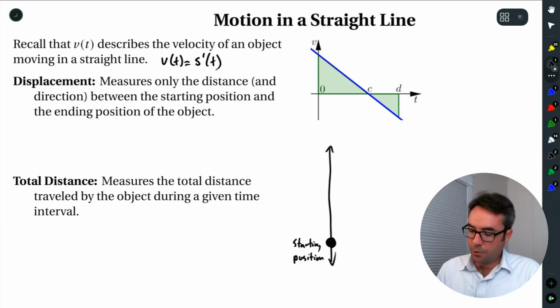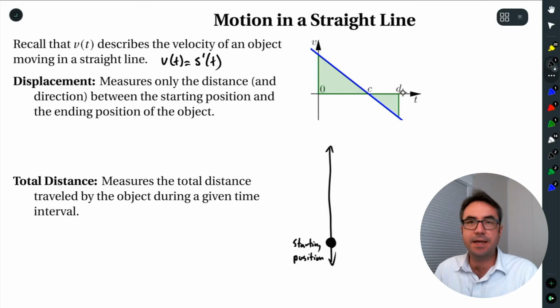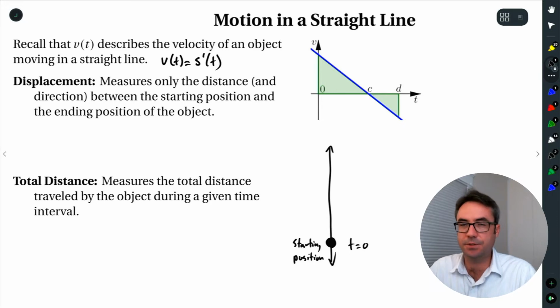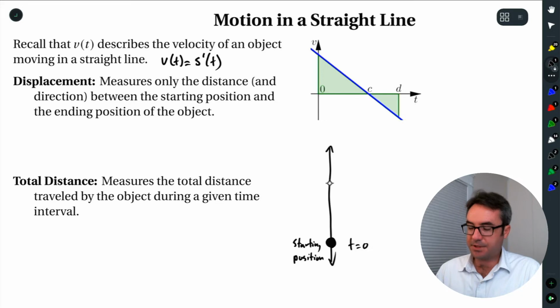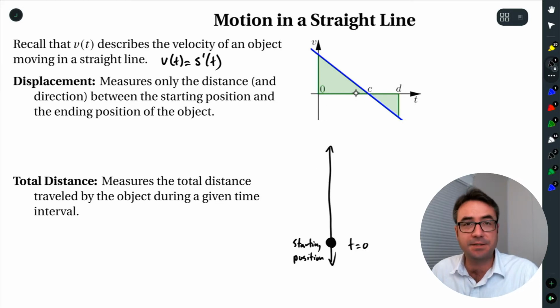According to the graph, we're starting at 0. Something interesting happens at time c, and then we're ending at time d. We're starting at t equals 0. Let's think about how this object's going to move around based on this graph of its velocity.